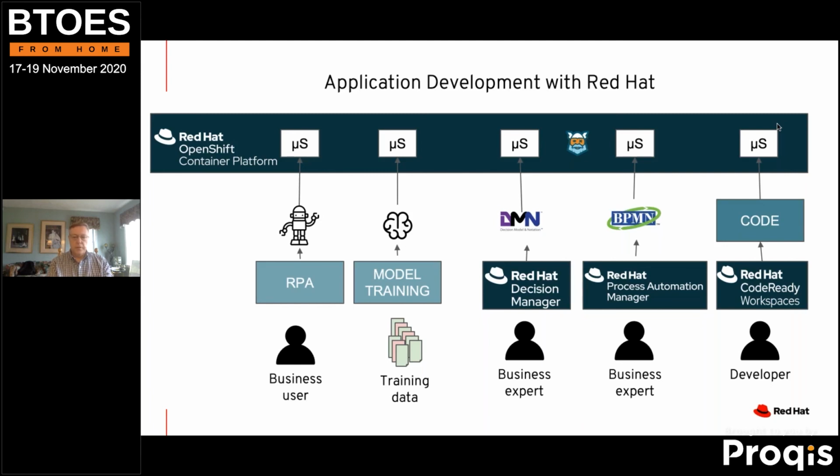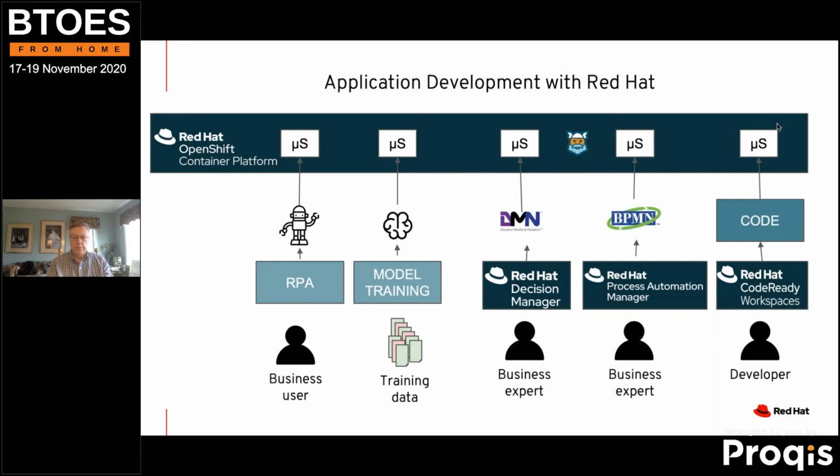And on the modeling side, we offer a product called Decision Manager for decision modeling, which supports the DMN standard. Process Automation Manager is our business process management solution. It uses primarily BPMN, the business process modeling notation, the flow charting notation for business processes. And we have a very large number of products for developers, and I've highlighted one here, which is a cloud-based application development platform that runs entirely in the cloud.